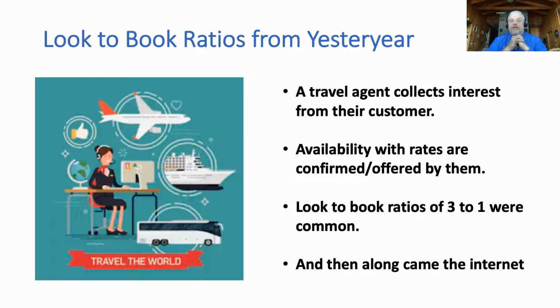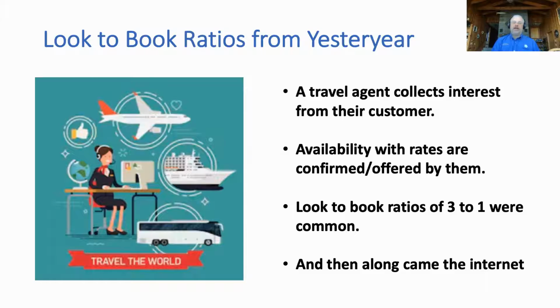They collect the customer's interest: where do you want to go, how do you want to get there, what are the activities you really enjoy? Then they go out from their databases and contacts and build an agenda that includes only a few typical choices. They'd know the areas and your interests, so they cater to your needs. Book-to-look ratios of 3 to 1 were common. They give you 3 choices, you'd pick one, and that was about it.